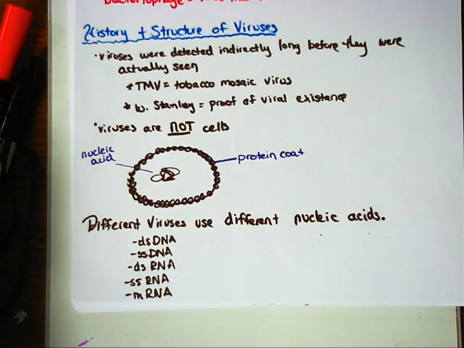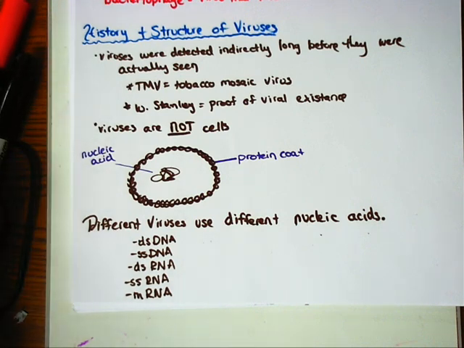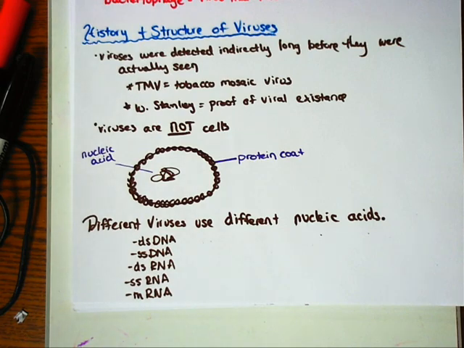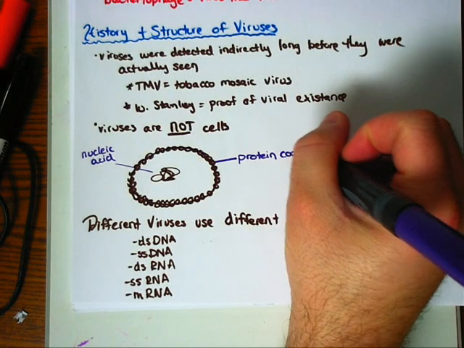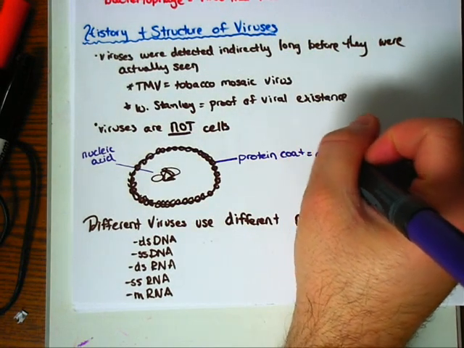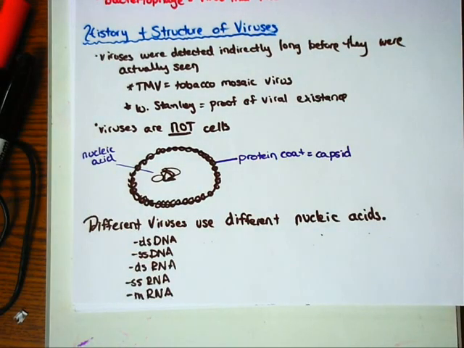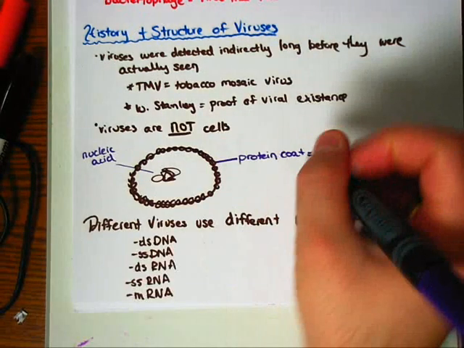Now going back up to that protein coat, let's talk about it a little bit. Instead of calling it a protein coat, the other word that we use a lot is capsid, which is made of subunits called capsomeres.